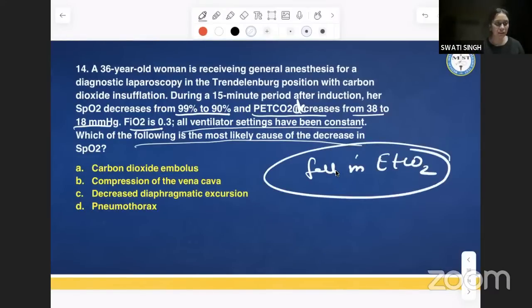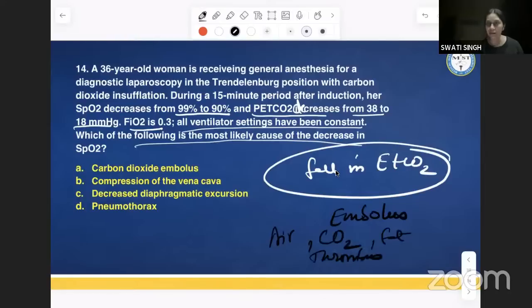Whenever we see this, fall in EtCO2, only one thing will come to our mind, embolus. Emboli can be anything. It can be air embolus, carbon dioxide embolus, fat embolus, or a thrombus which has embolized. All will present in the same way, fall in EtCO2.